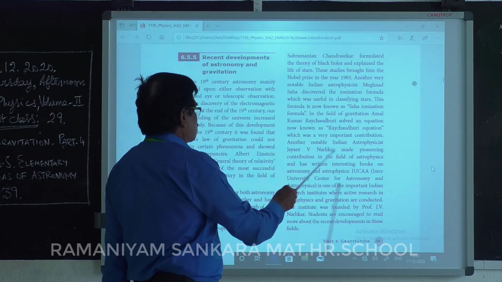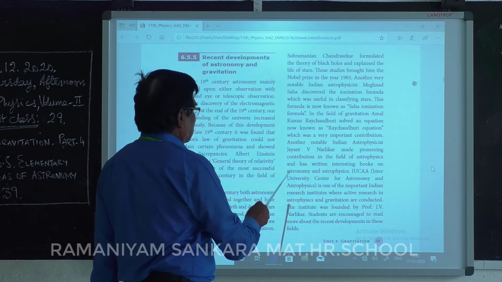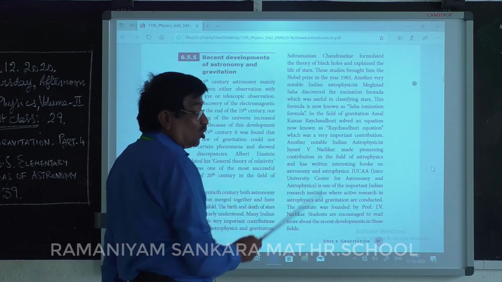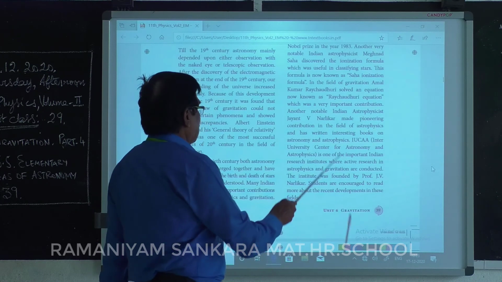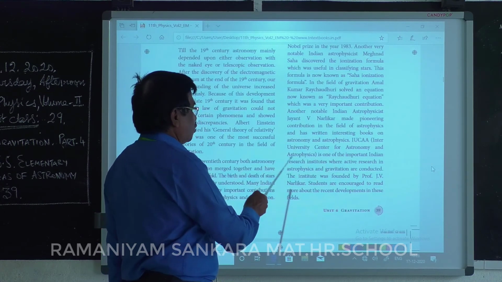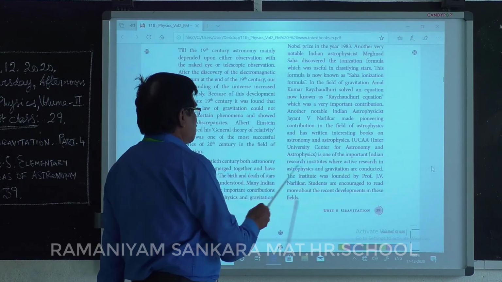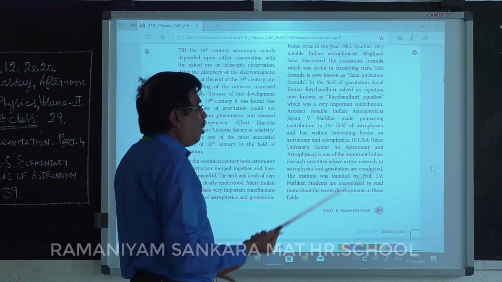Another notable Indian astrophysicist, Jayant V. Narlikar, made pioneering contributions in the field of astrophysics and has written interesting books on astronomy and astrophysics. Okay, IUCAA, Inter-University Centre for Astronomy and Astrophysics, is one of the important Indian research institutes where active research in astrophysics and gravitation is conducted.